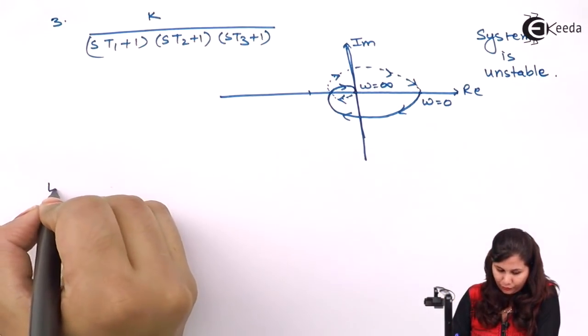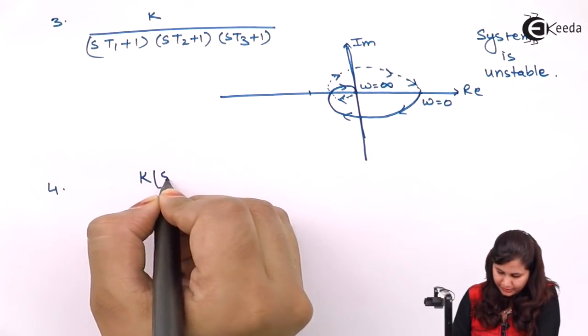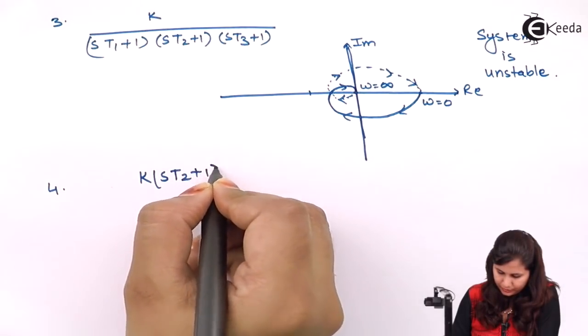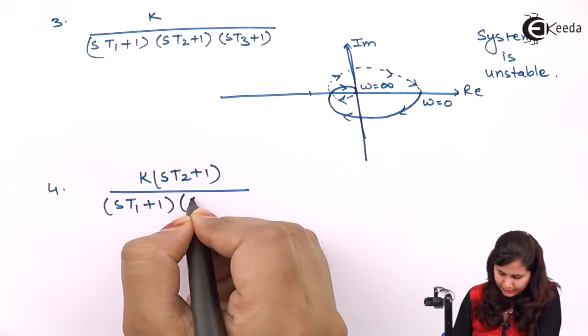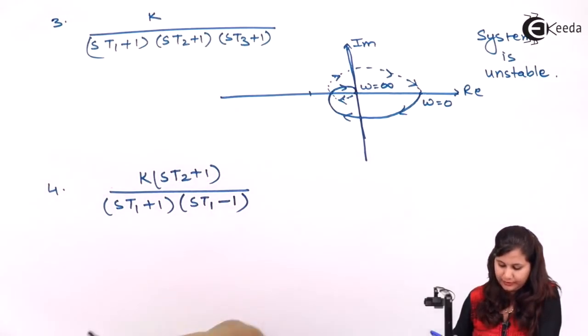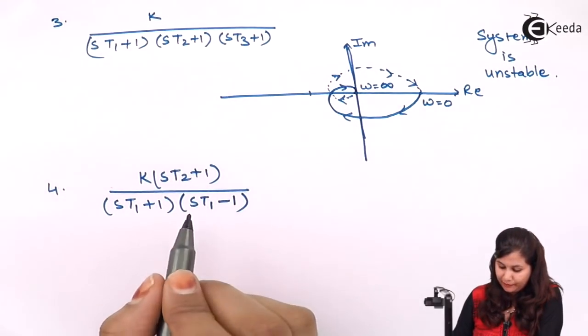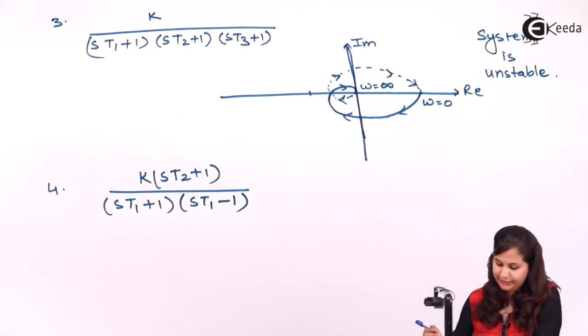Okay, fourth we have K(sT2 + 1) upon (sT1 + 1)(sT1 - 1). We have one pole lying on the right hand side.